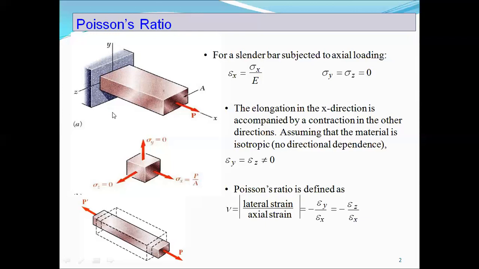In the other two directions, we could easily visualize that the deformation would occur. The dimension along x-axis would increase, however, the dimension along y-axis and z-axis would decrease. The elongation in the x direction is accompanied by a contraction in the other directions, assuming that the material is isotropic, with no directional dependence.